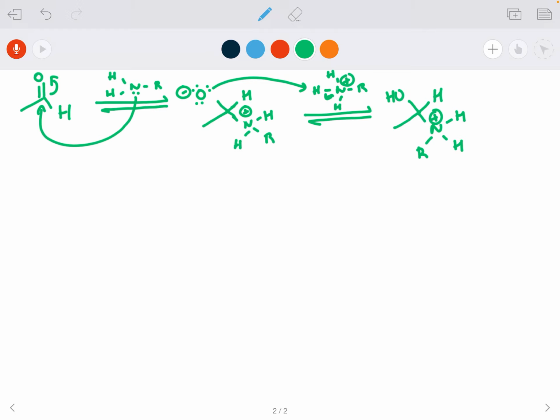So the next step now is going to be another proton transfer. This time, I'm going to have the deprotonated primary amine, and it's going to get protonated now.